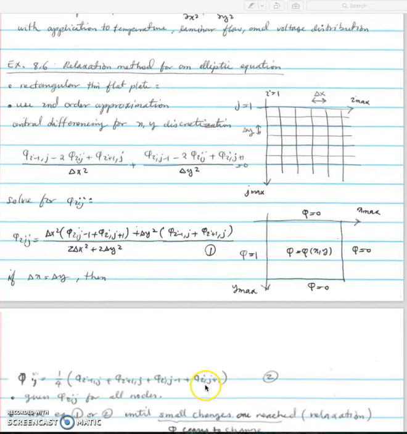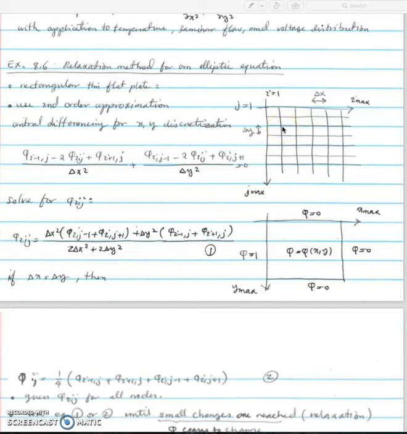Then I put all zeros for these terms and calculate phi ij. Now i can vary from 1 to n and j from 1 to m. Basically, I have to calculate this, equation 2, for every grid point inside the domain, excluding the boundary points.